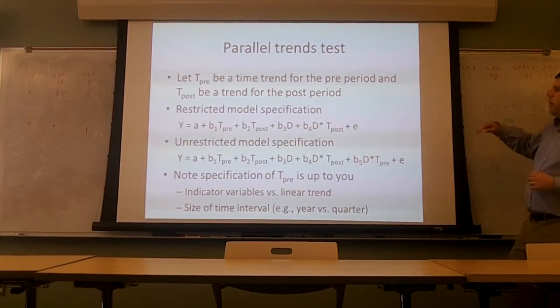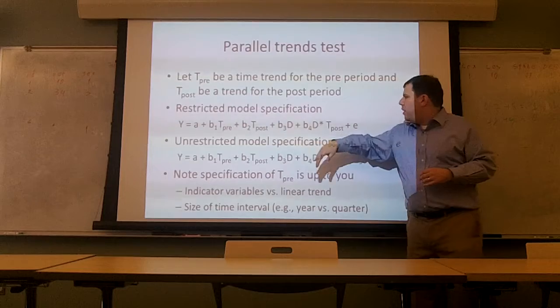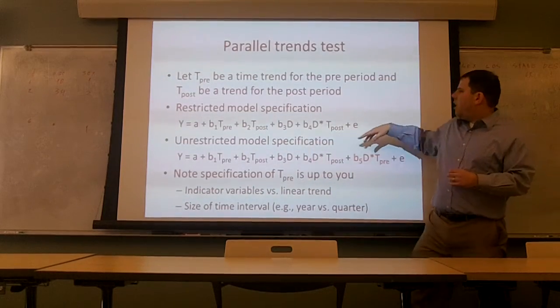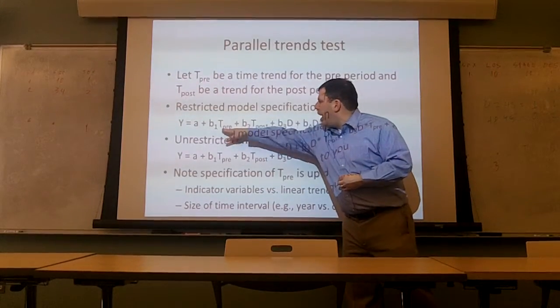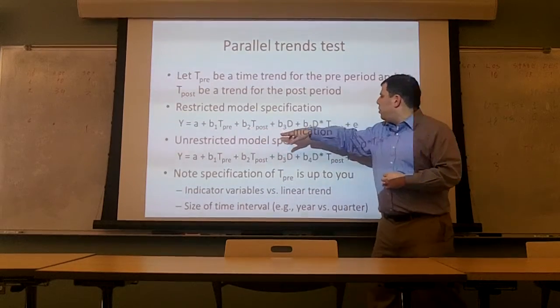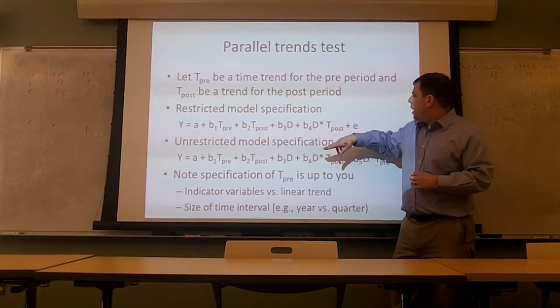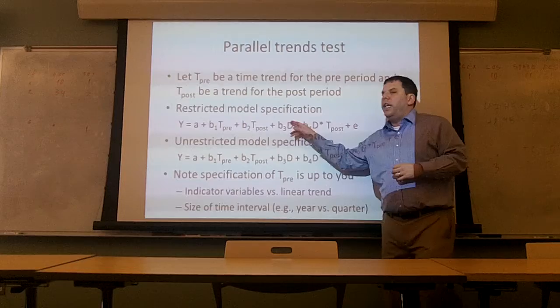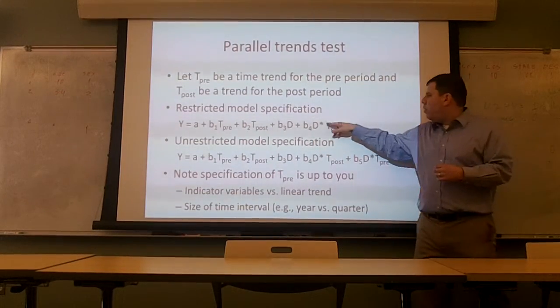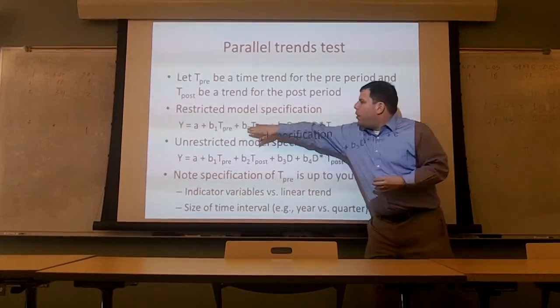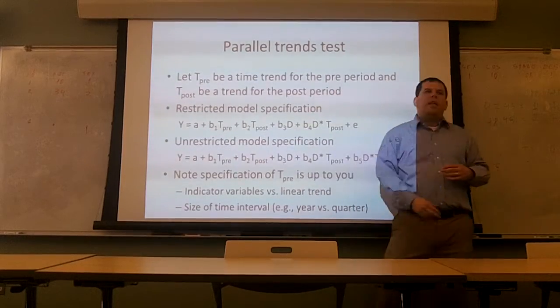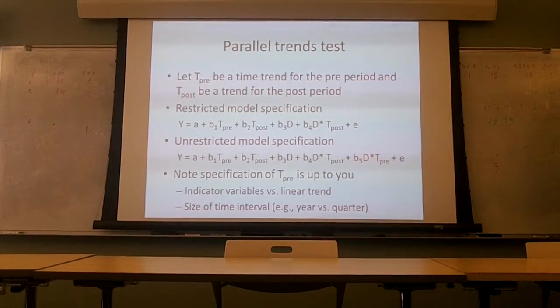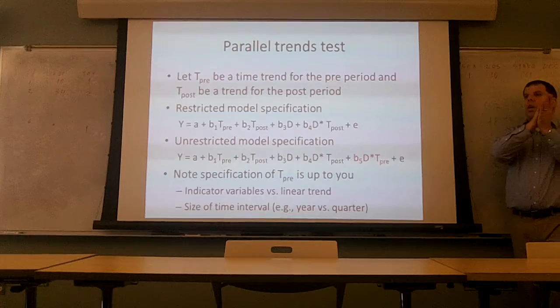In the restricted model specification, we're saying there's a common pre-trend and then a main effect for a post-trend, then we're interacting the policy intervention, D, which is the dummy variable 1 or 0, with the post-period trend. There's no interaction in the restricted model because by assumption we're saying that the two groups share that common trend.